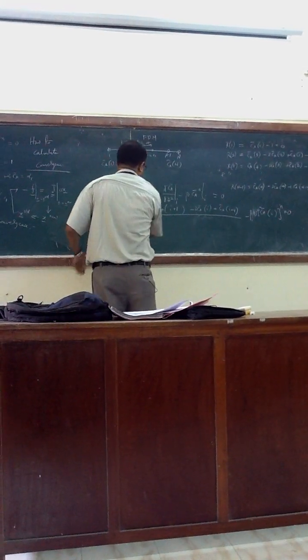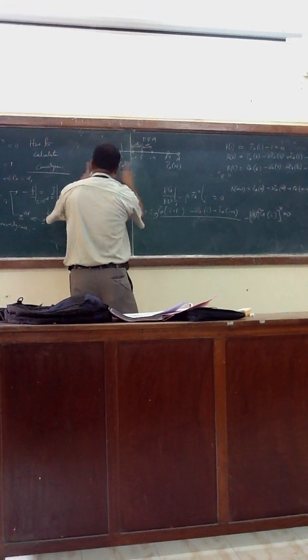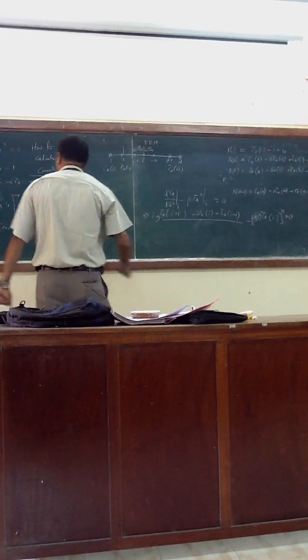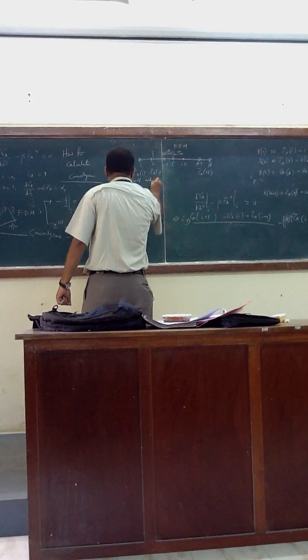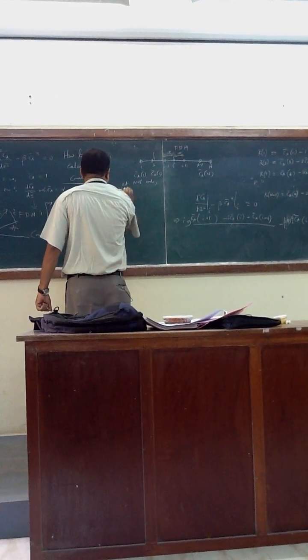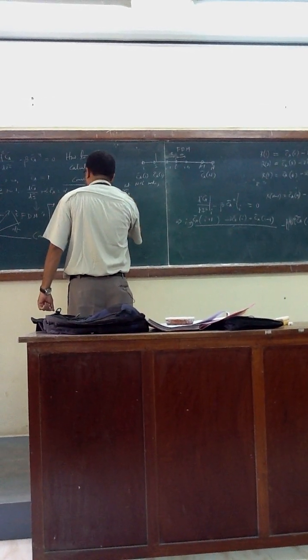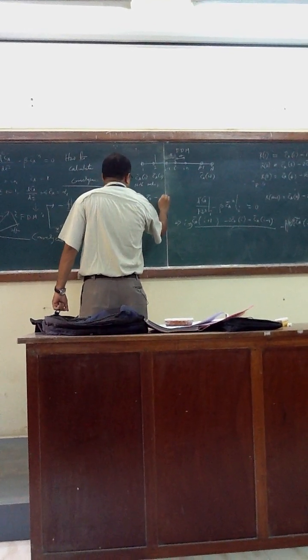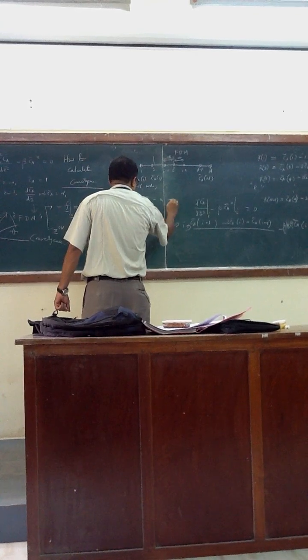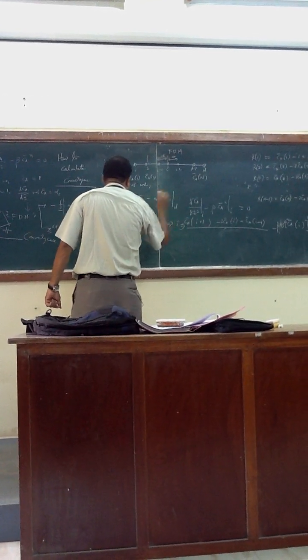Other things I have told you can write. So I can work in this place. At nth node, d2 CA bar by dz bar square, alpha 0 CA bar minus alpha equals to 0 at nth node.